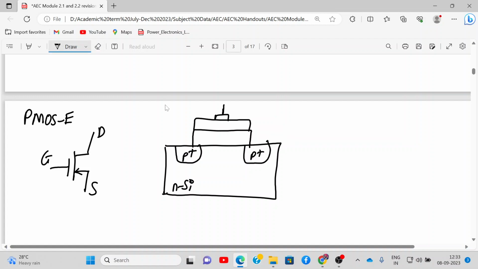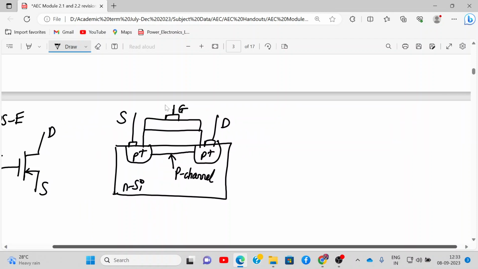This will be your gate terminal, this will be your drain, this will be your source. All the voltage polarity reverses and the current will reverse in case of p channel MOSFET. So here what channel will be formed? P channel, made up of holes.